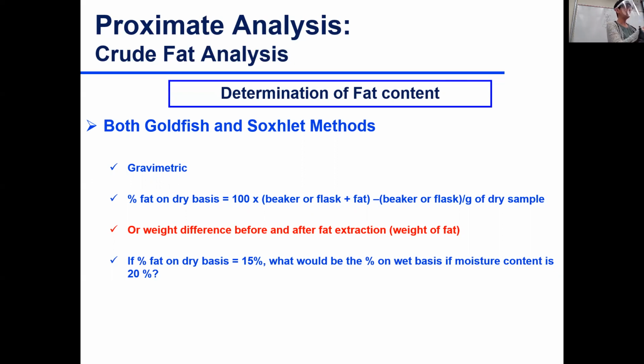So the percent fat that you calculate is on dry basis. You need to convert that to wet basis as long as you know your moisture content. All right, so do the math. And that would be the last thing you do today. Just 30 seconds, do the math and keep that sheet with you for next time.